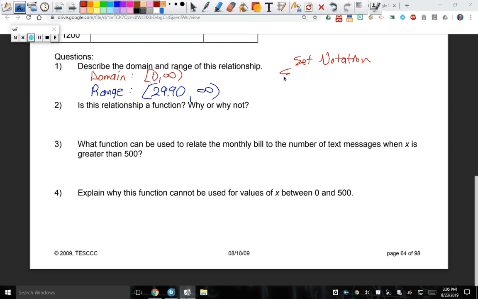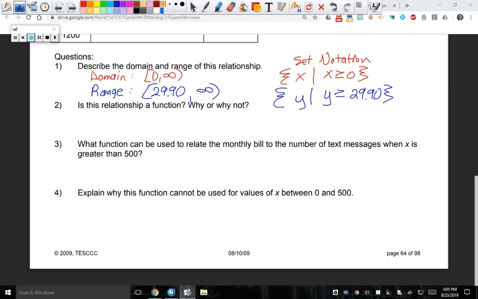It will be the set of all x's such that x's are greater than or equal to 0. Okay? The other one will be the set of all y's such that y's are greater than or equal to 2990.